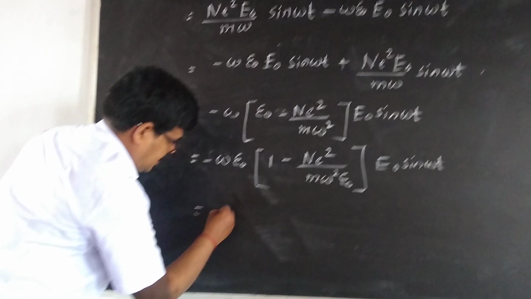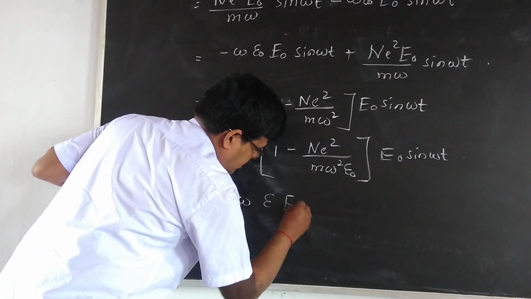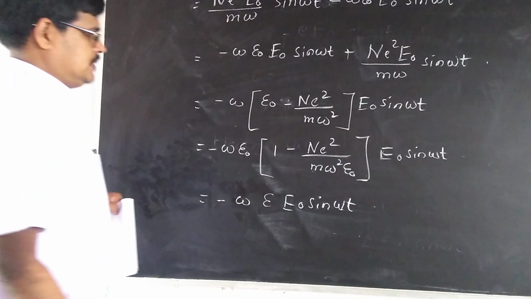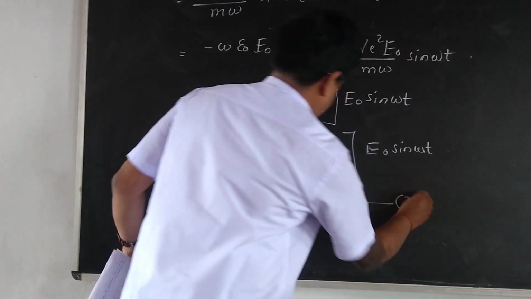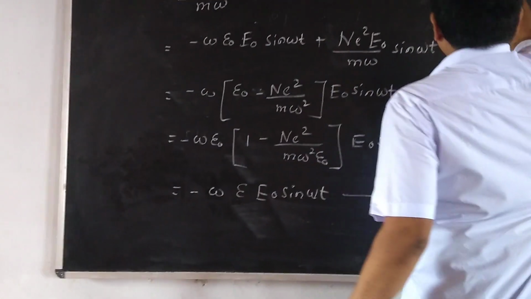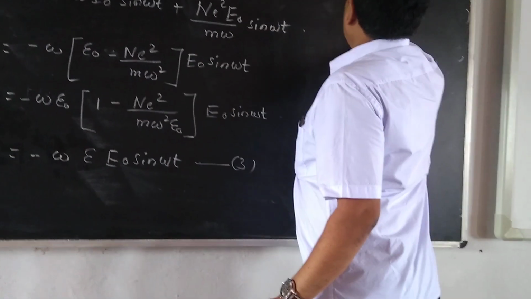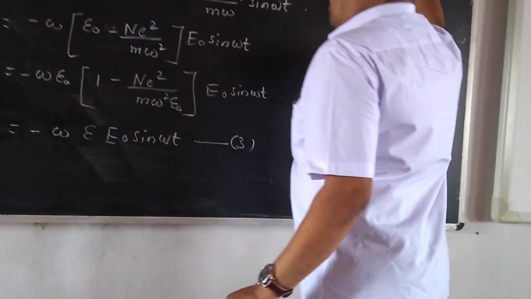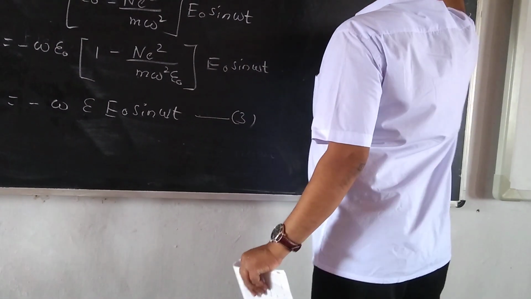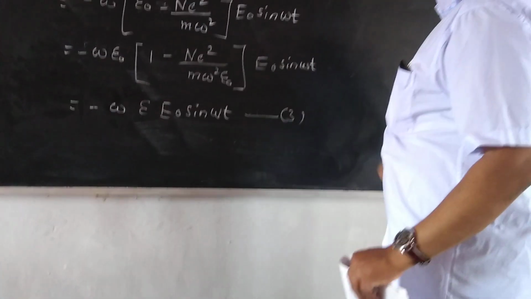Or I will take minus omega epsilon into E naught sin omega t, equation 3, where this epsilon is written as epsilon naught into bracket 1 minus N e square divided by m omega square epsilon naught.